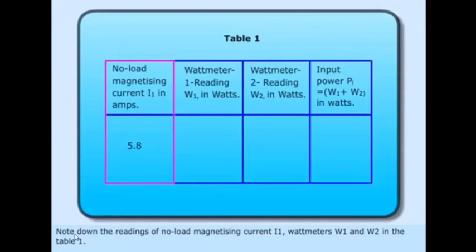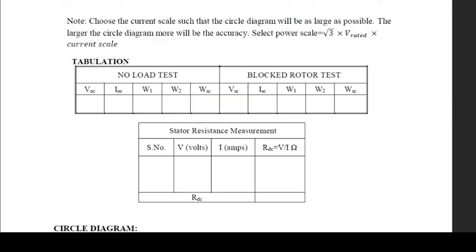How the tabulation should be, I will show in detail for our record. So we have a tabulation right here, for the no load and block rotor test and stator resistance measurement.